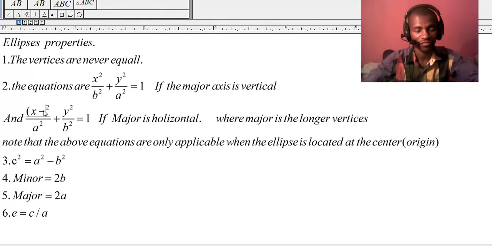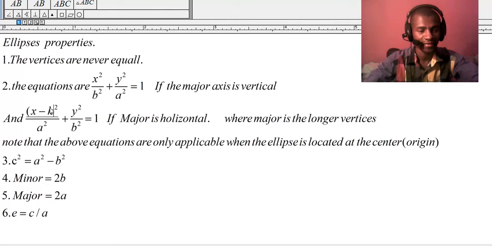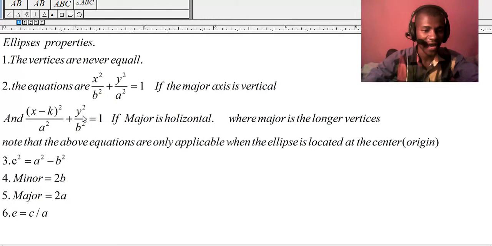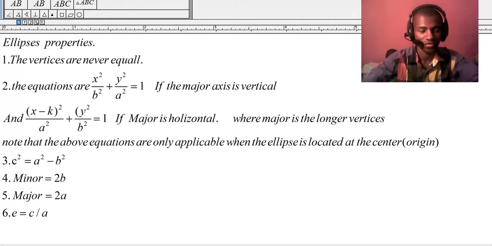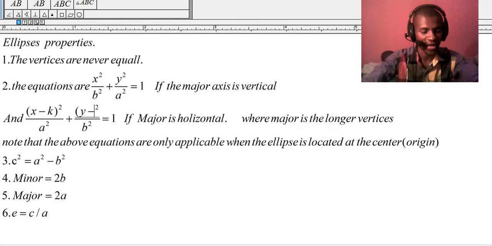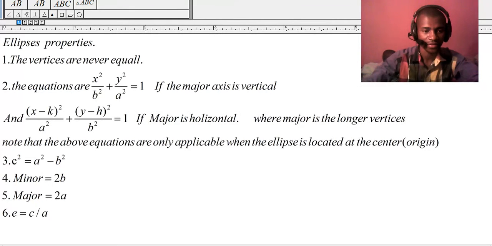In x we put k, so we say we are away from the center with k units, and then in y we put h to represent those coordinates. So we are saying we are away from the y axis with h units.